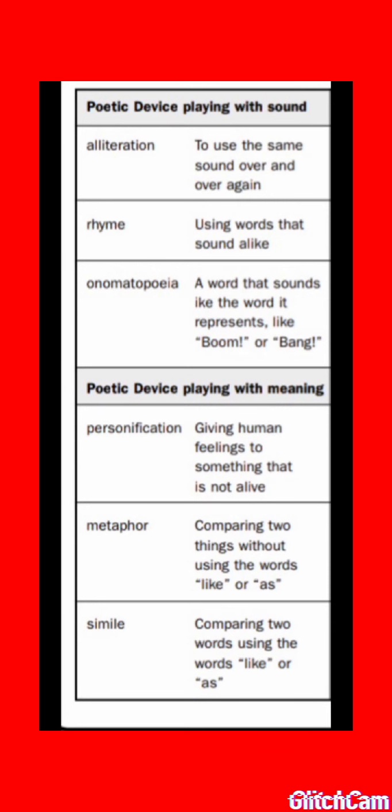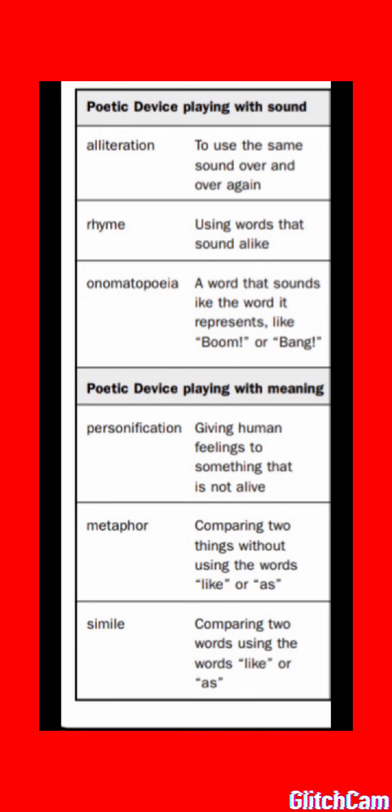Next, poetic devices playing with meaning. The fourth poetic device which you are going to learn is personification. It means giving human feelings to something that is not alive. Fifth poetic device is metaphor, comparing two things without using the words like or as.